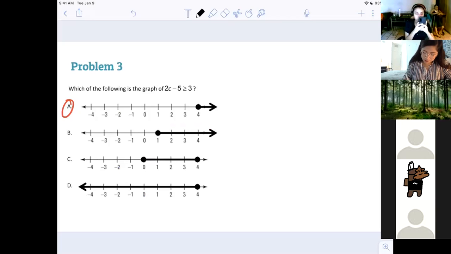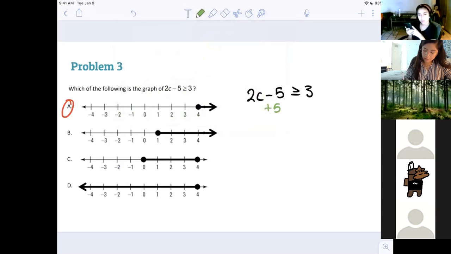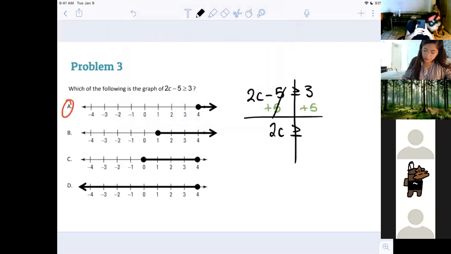I did not get a chance to write it all out, so let me do that real quick. Step 1, I add 5. So I get 2c greater than or equal to 8. And then I divide by 2.